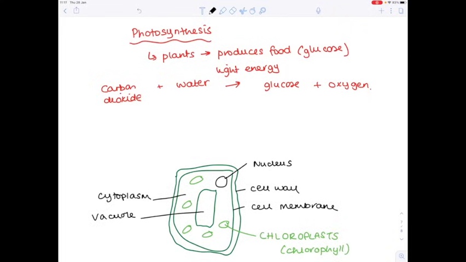Now, for anyone studying extended science, you'll need to learn the balanced symbol equation. So carbon dioxide is CO2, water is H2O, glucose is C6H12O6, oxygen O2, and then just remember you need to add a 6 in front of everything apart from glucose, and you'll have your balanced symbol equation.